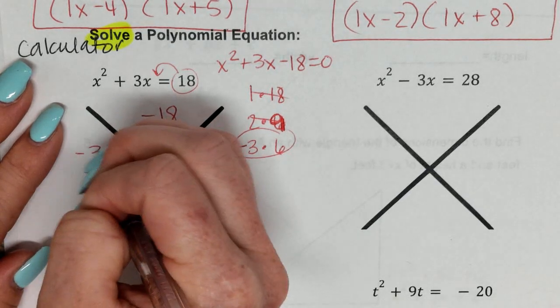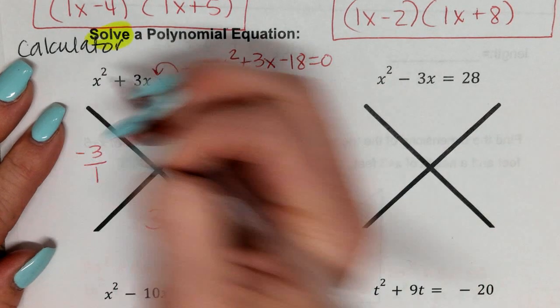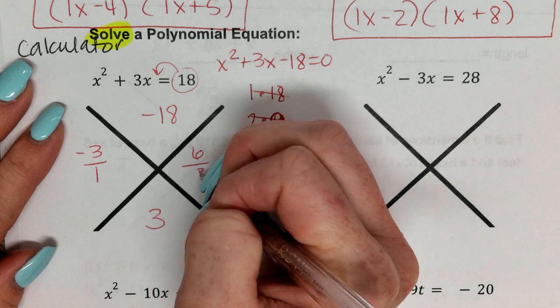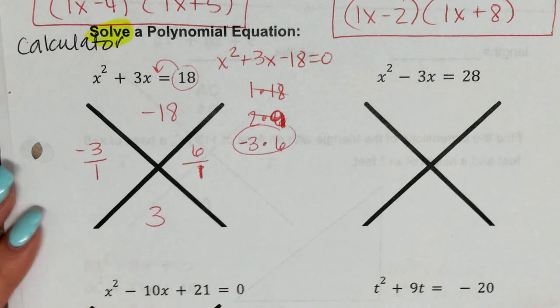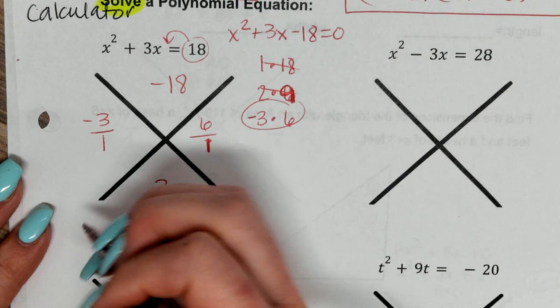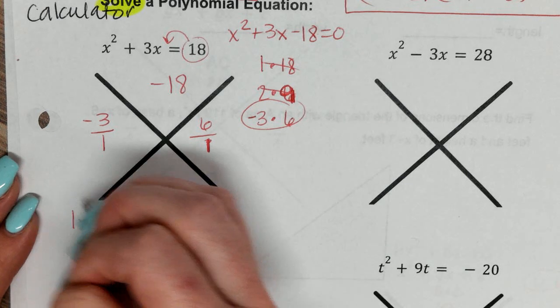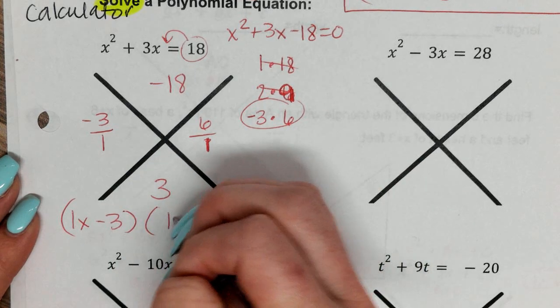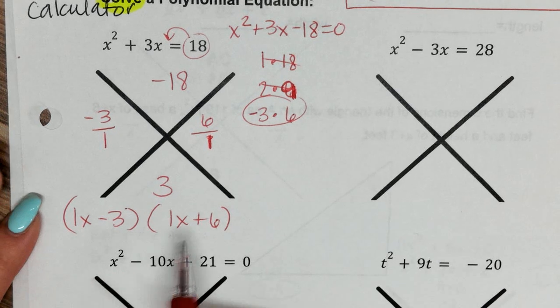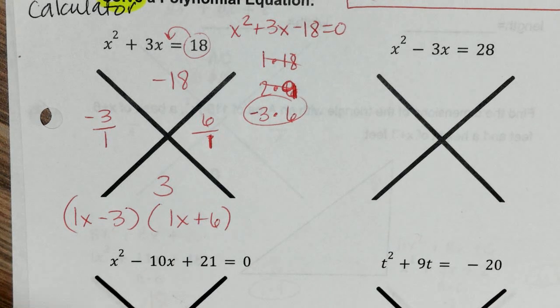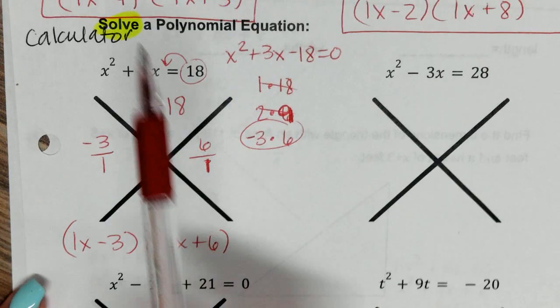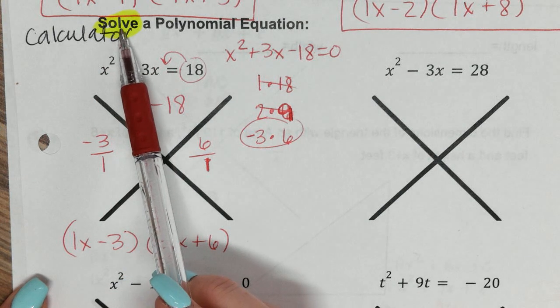So I have negative 3 over A and 6 over A, which is 1. Bottoms up, 1x minus 3 and 1x plus 6. Now, that is my factored form, but did it ask me to factor it or did it ask me to solve it?